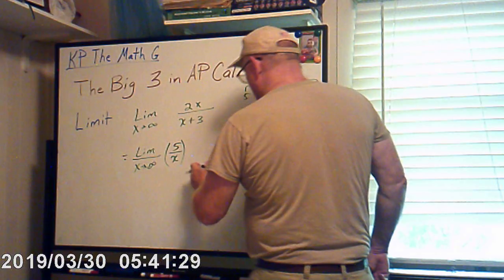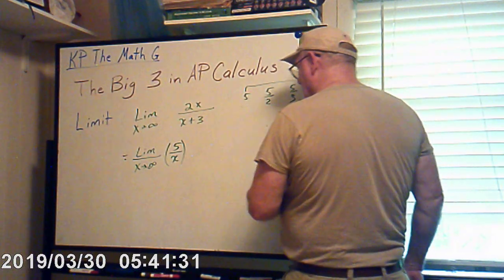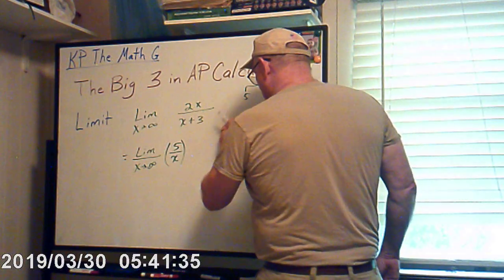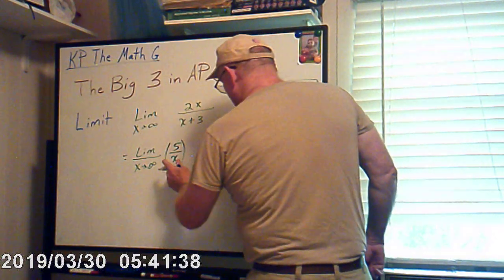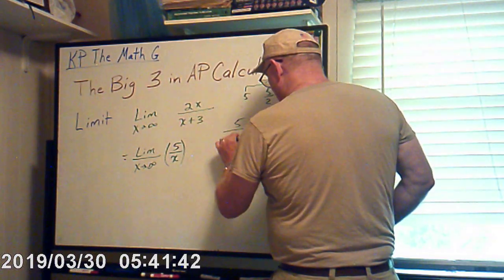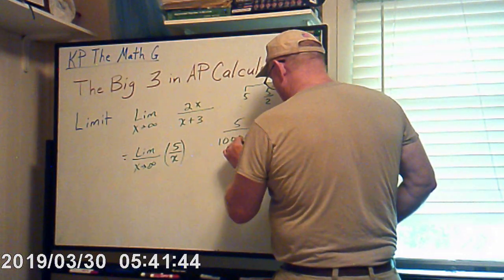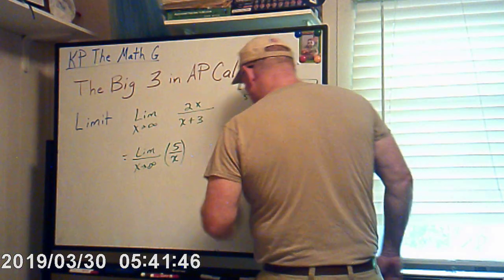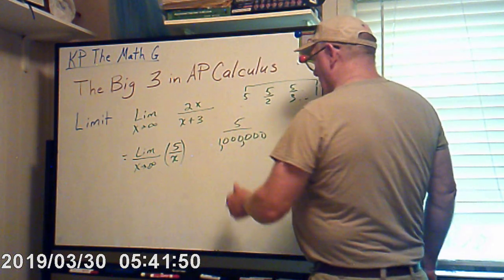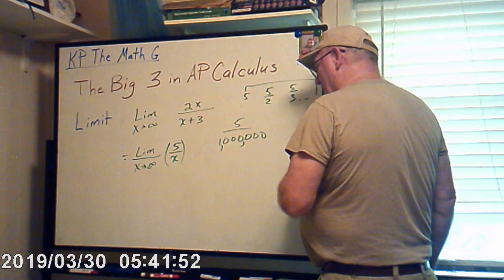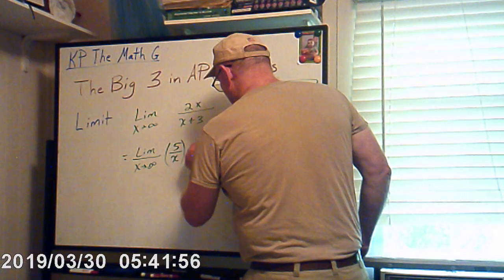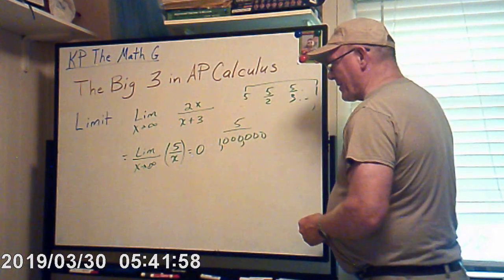Now, if you put something larger and larger and larger, it's going to keep getting so small, like 5 over a bunch of zeros here. 5 over a million is very small. So what we say about this is, this eventually leads to 0.